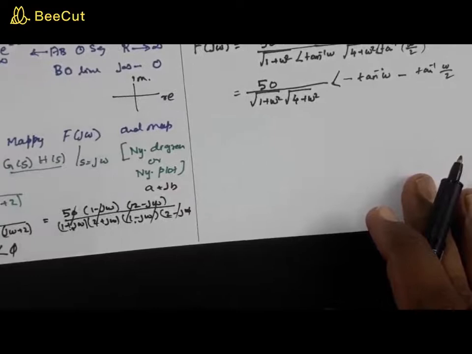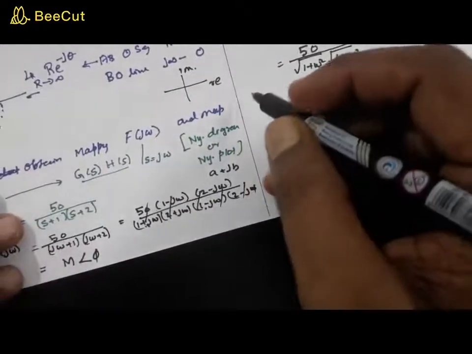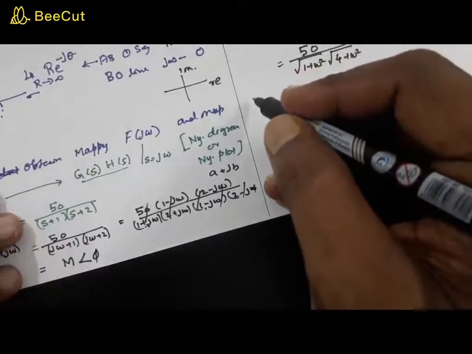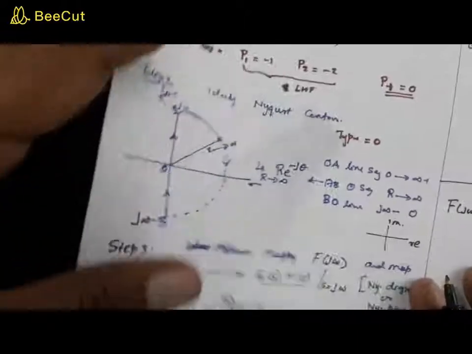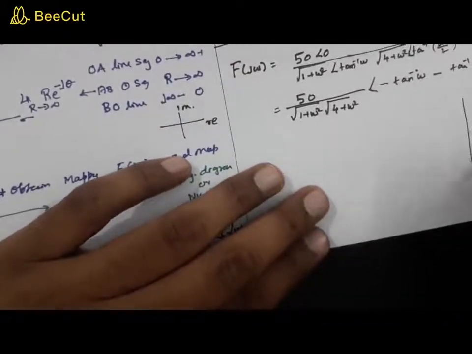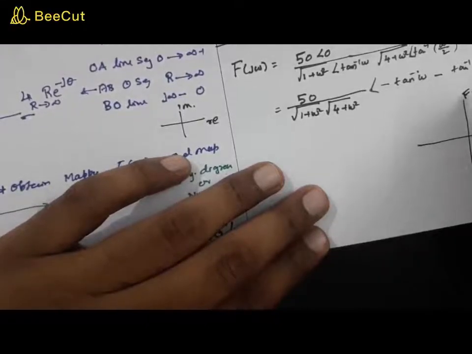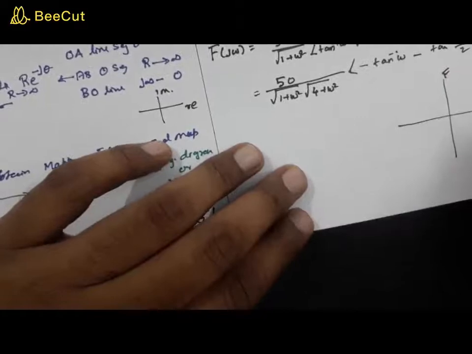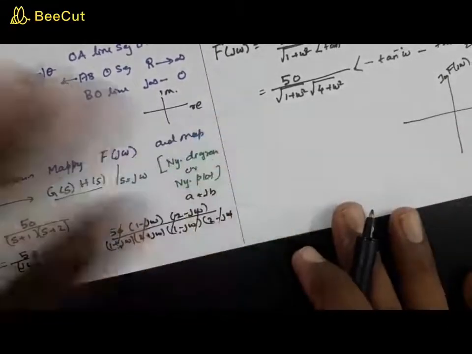The next step is to map these segments of the j omega axis, that means I want to convert this into this plane. So this is real of f of j omega and imaginary of f of j omega. That's what I'm going to plot for different frequencies.